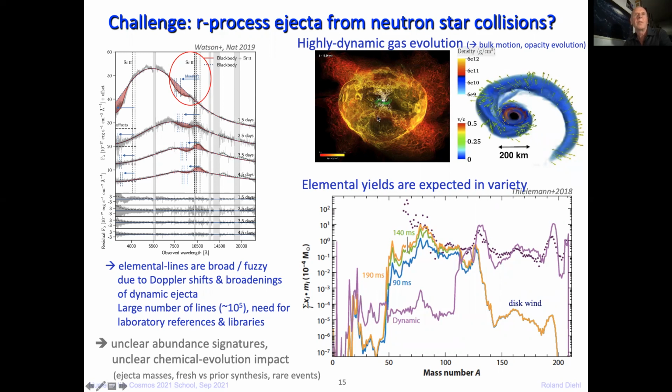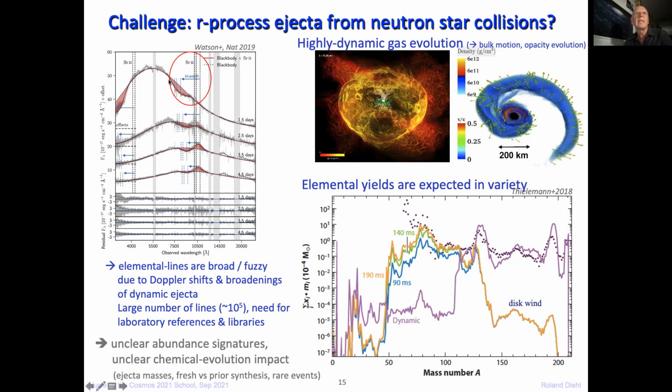And so the same problem appears, that you have bulk velocity, which leads to blue shift or red shift, and you have large dynamics shown in the arrows here of the collision of two neutron stars and the ejection of matter as we expected from simulations. So it's a very dynamic environment, and therefore the atomic lines basically are all shifted by bulk motion, and they are broadened by the Doppler motion of these dynamic ejecta. And so you cannot expect narrow lines.